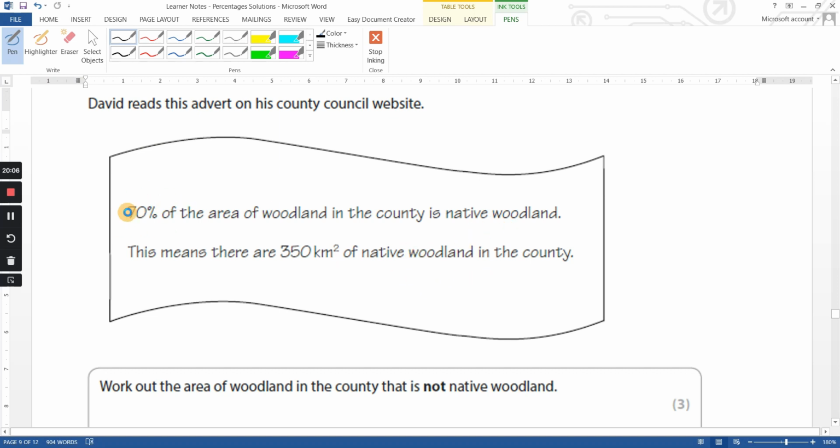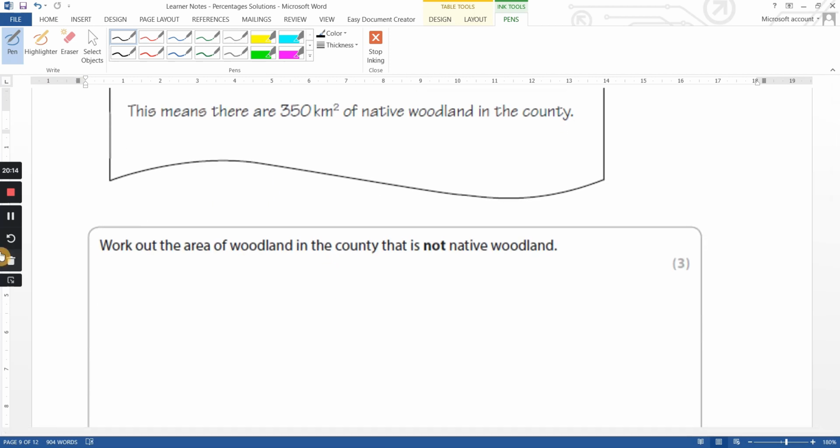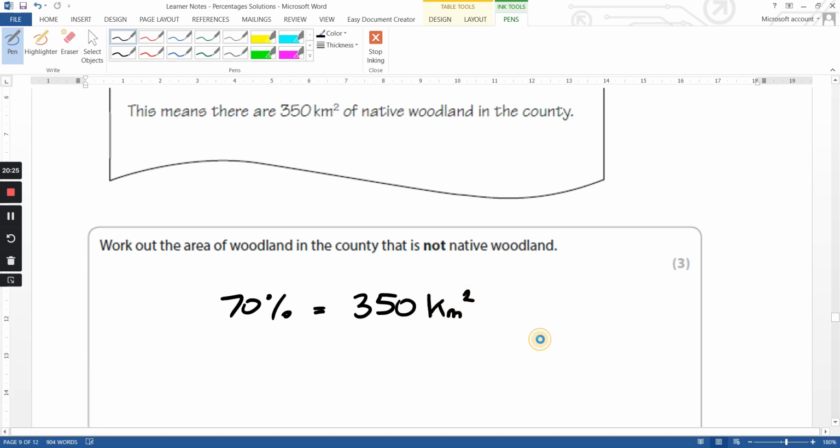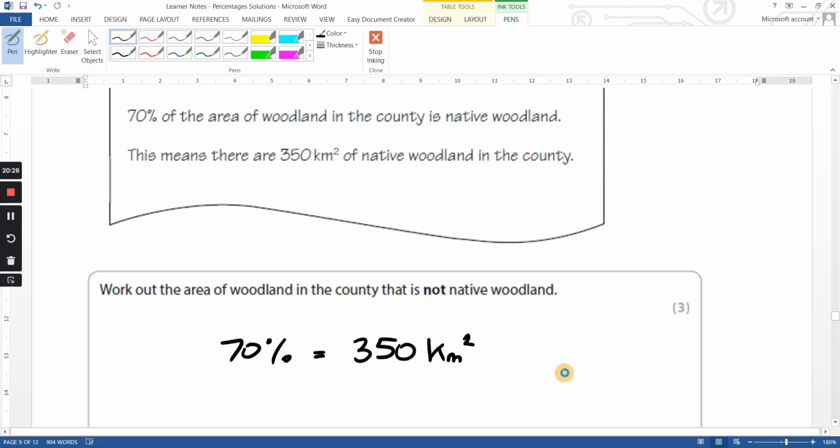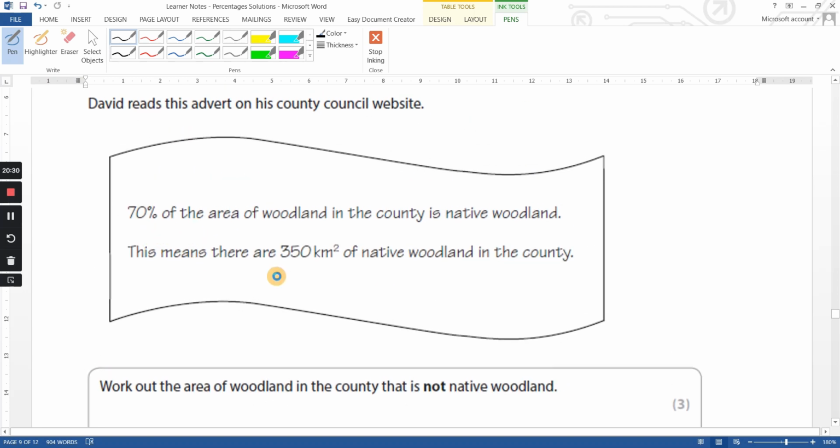So this 70% is the same as this area here. Let's write this down. 70% equals 350 kilometers squared. They're both talking about the same thing. So 70% of the area is equal to 350 kilometers squared.